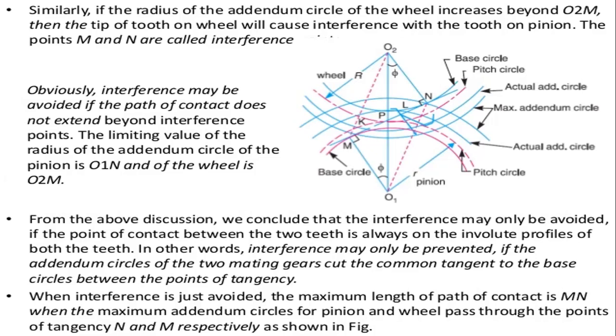When interference is just avoided, the maximum length of the path of contact is MN, the tangent position.